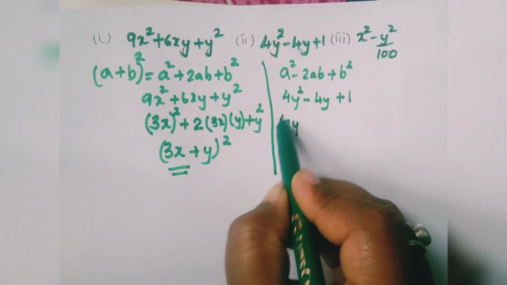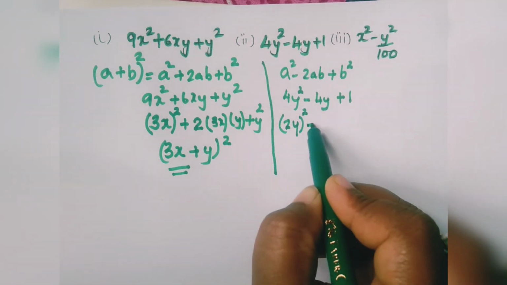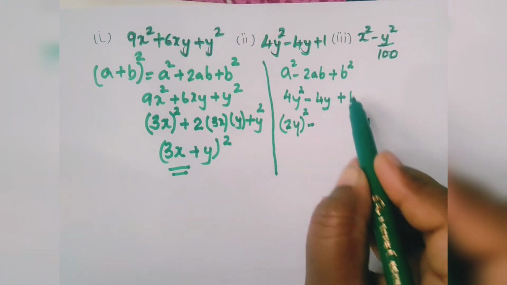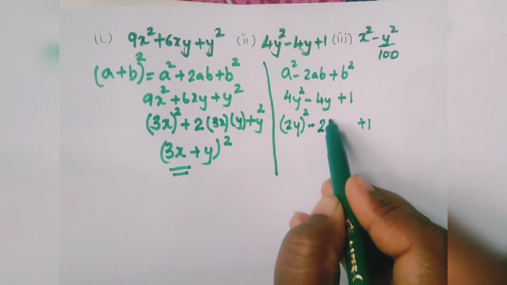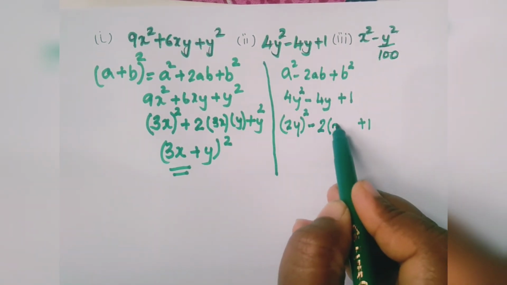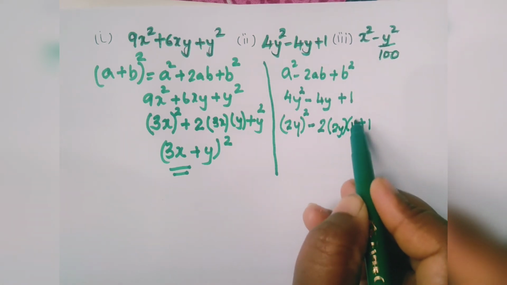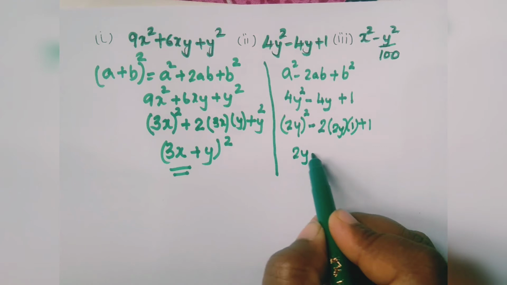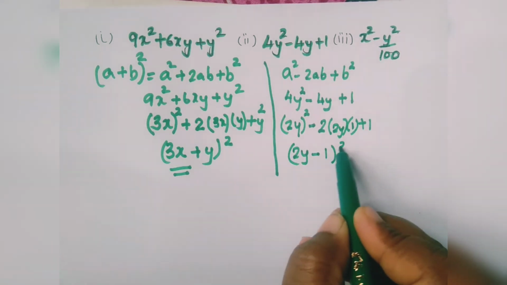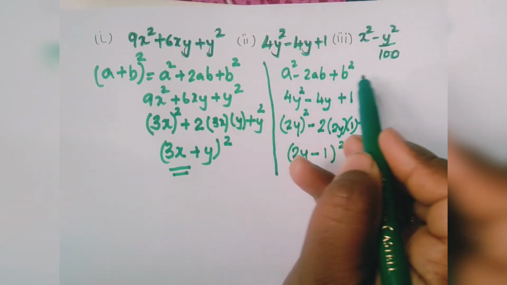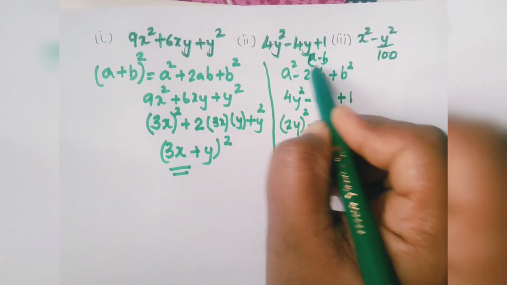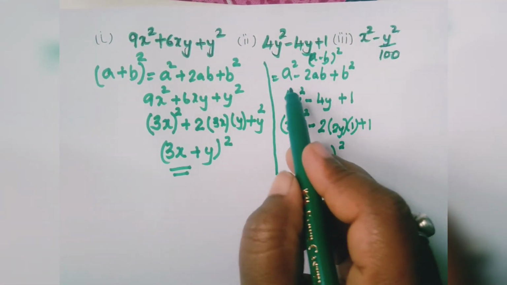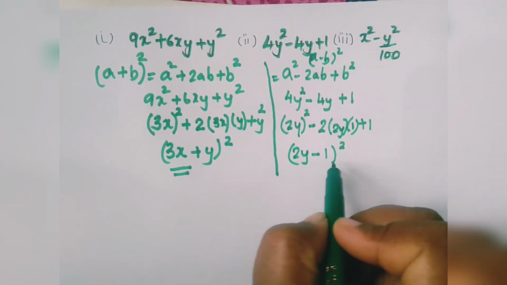So you can write this as 2y whole square minus, and write this 1 as it is. And here 2 into, what is a? A is 2y. What is b? 1. So here it is 2y minus 1 whole square. Why? Because a minus b whole square is equal to a square minus 2ab plus b square.